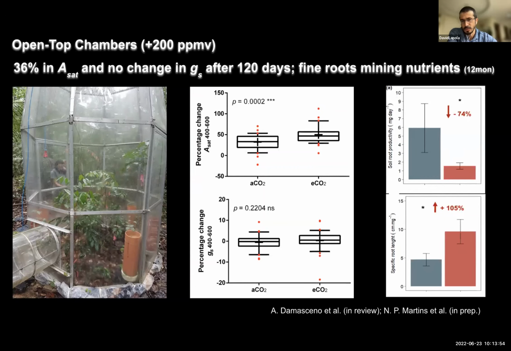It seems like these roots are mining more phosphorus there, but they don't need to increase their biomass to do that. These are the very first results from this OTC experiment that's been running for nearly 2 years now.